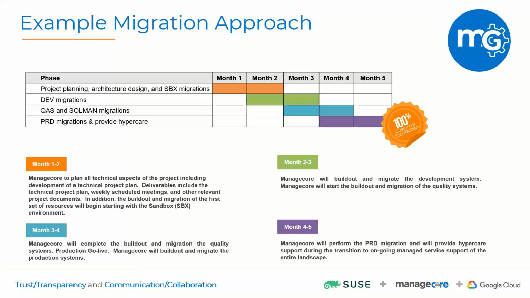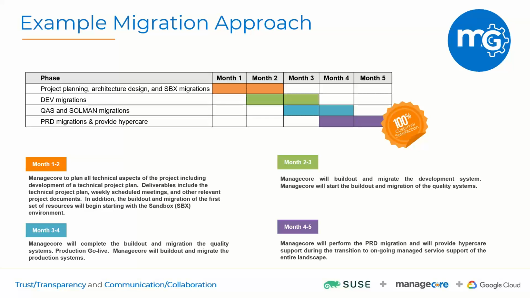So taking that, from that angle, you can understand how quickly and how efficiently spinning up resources in GCP really is. I can take all of that resource that you have on premise today and deploy that within a week or two. It's not a very lengthy process within GCP, and the scripting that we perform and the process that we have with Managecore MG allows us to do that, right?